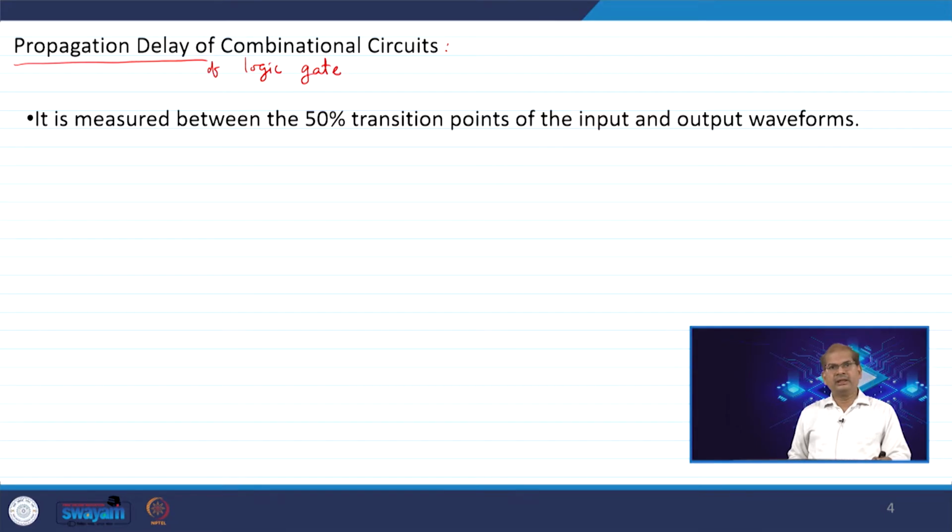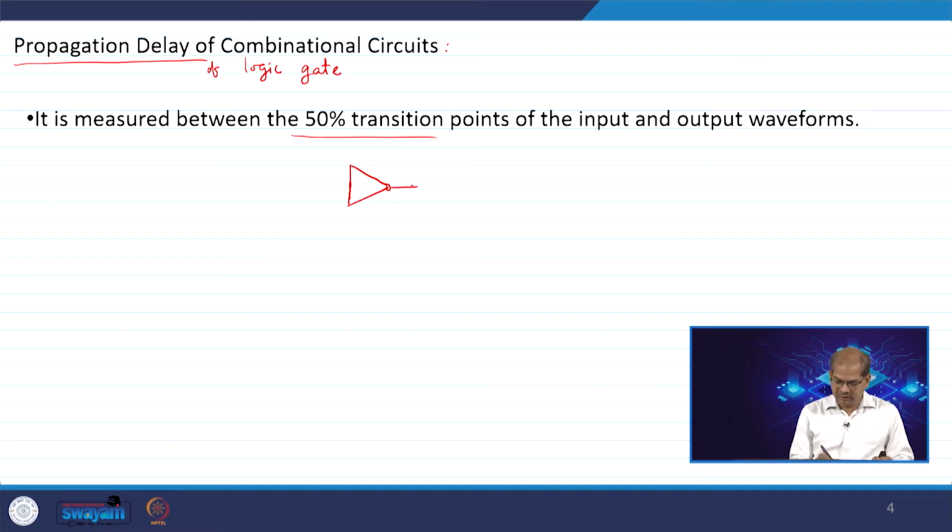Whenever you have any logic gate, we need to measure between the 50% transition point of the input and output waveforms. Let us say I have an inverter.